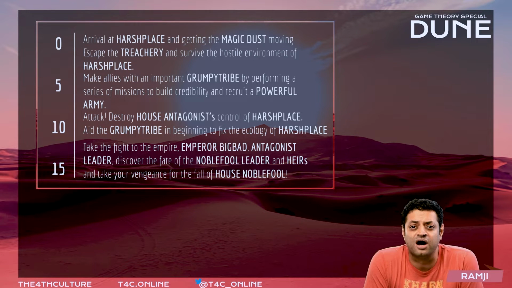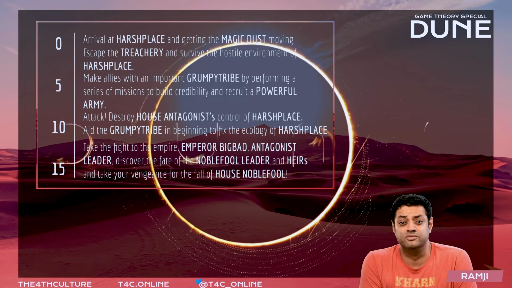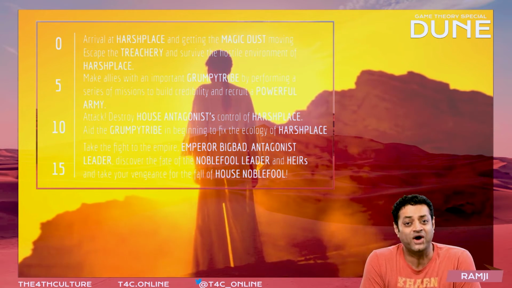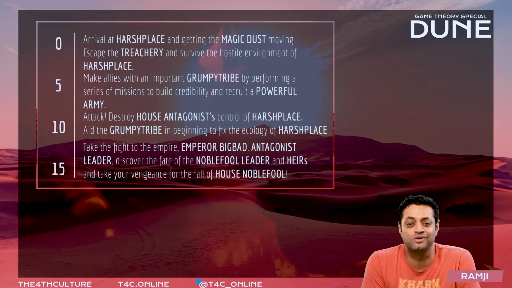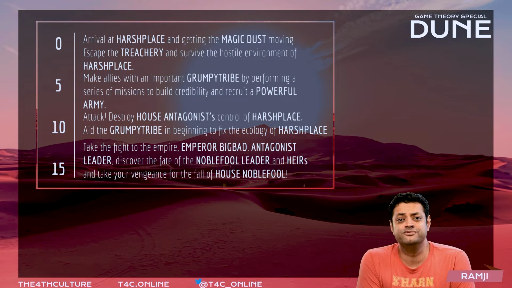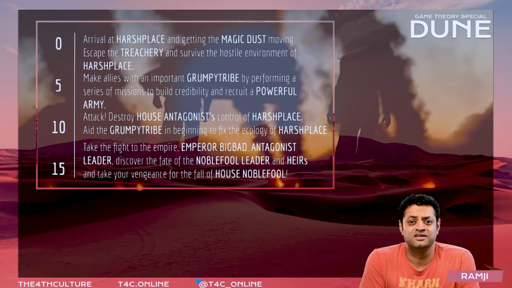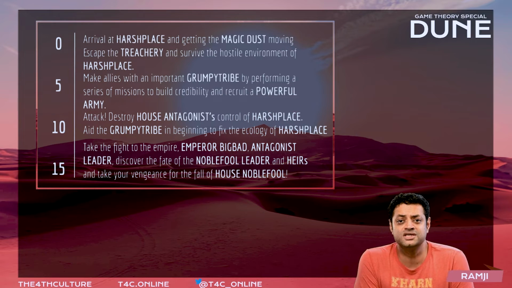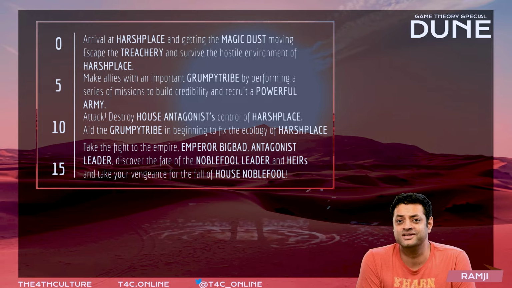Well, you'll probably start the game not in HARSHPLACE. You'll probably start the game very much like the movie Dune. You'll start there at Caladan or at wherever the nice place is, the nice place that belongs to the Nobleful. So let's call it the Nobleful nice place. The Nobleful nice place is somewhere else, and you have to get there using the tools of the important guild, right?